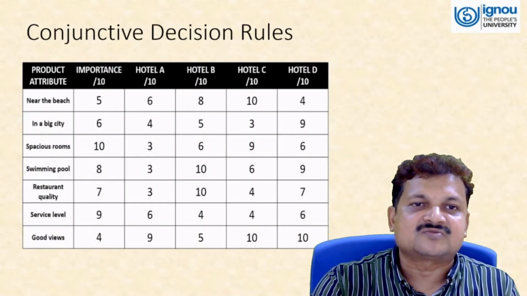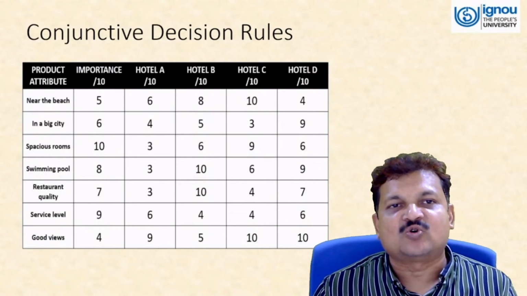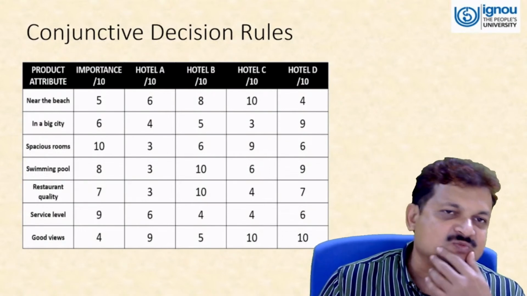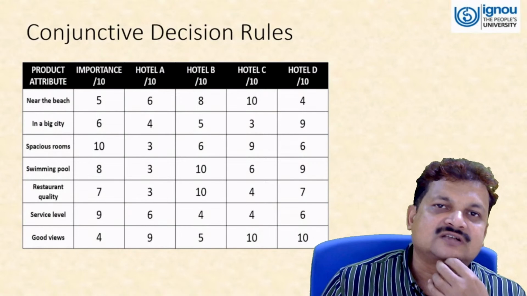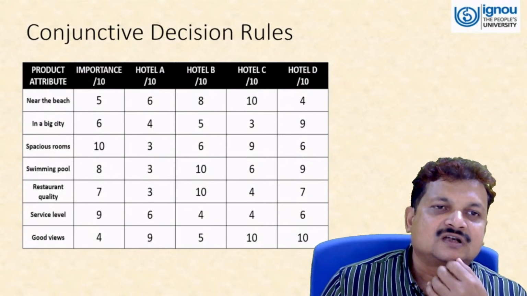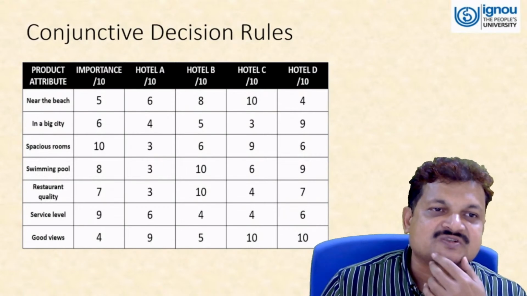So let us go through this one. Let us say 4 hotels are there: Hotel A, Hotel B, Hotel C, and Hotel D. As a consumer, we have put these minimum standards; if they are met, then definitely we will go for that hotel. Let us say near the beach is 5, in a big city is 6, special rooms 10, swimming pool 8, and restaurant quality.